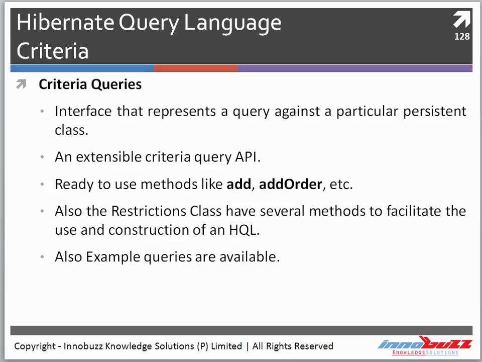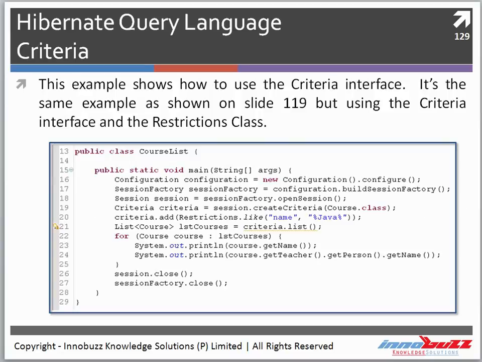Take a look at the example. This is the same example as shown before when introducing the like keyword, but in this case we're using the Criteria interface. On line 19, we're creating the Criteria object using the createCriteria method of the session object.